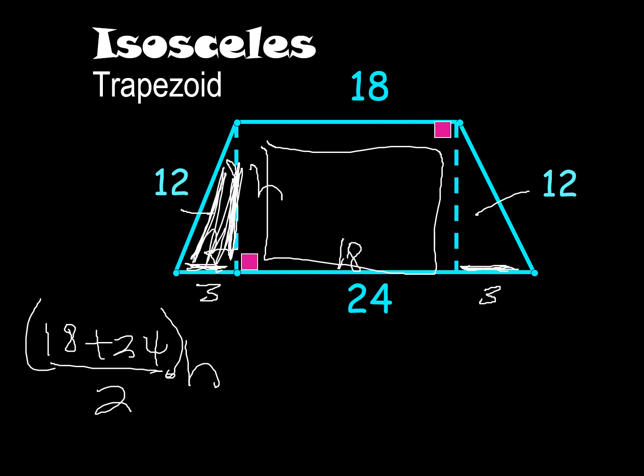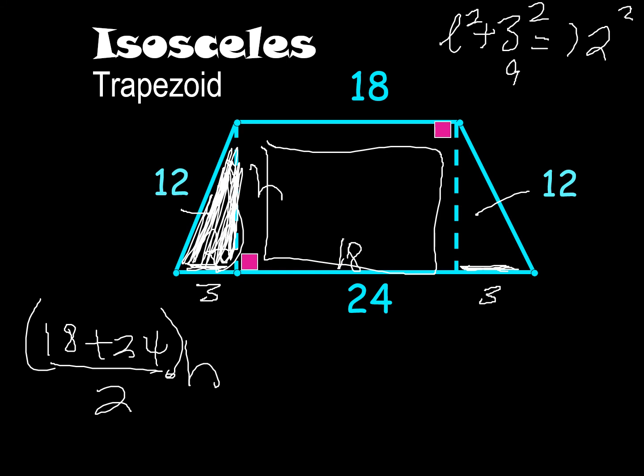And it's got a base of 3 and a hypotenuse of 12. I get to do Pythagorean theorem one more time. So leg squared plus 3 squared equals your 12 squared. That's 9, that's 144.